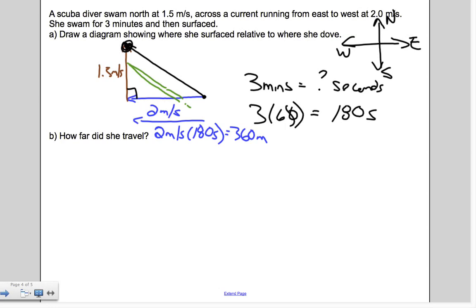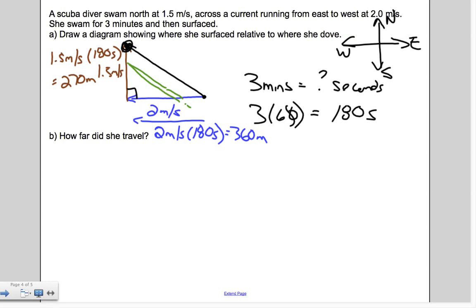If she was just swimming due north, how far would she travel in 3 minutes? 1.5 meters per second times 180 seconds gives us 270 meters.